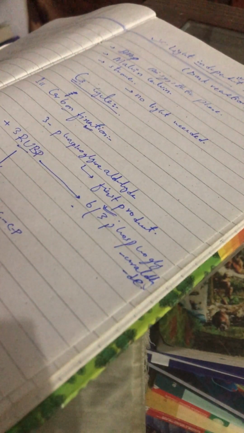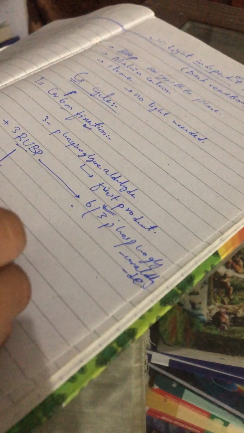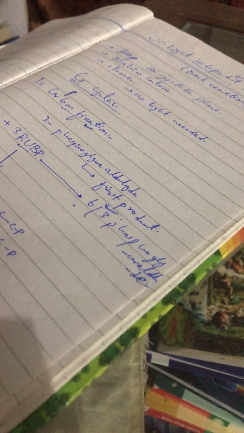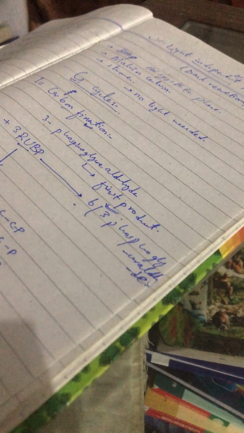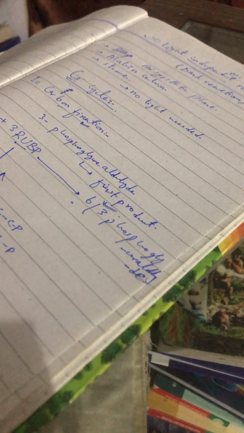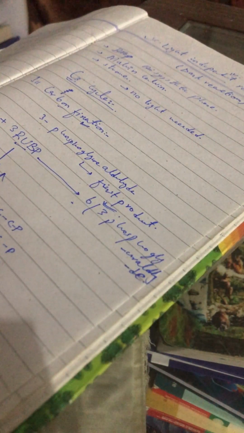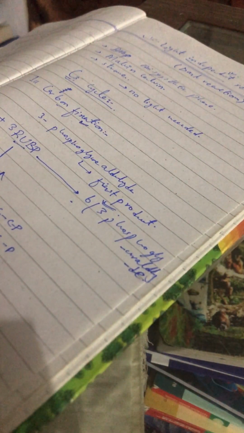Here we have 3 molecules of RuBP, each a 5-carbon sugar. When we count, we will get 15 carbon and 6 phosphate.